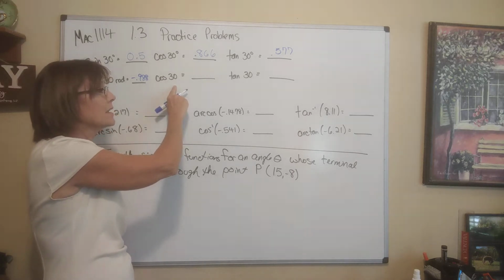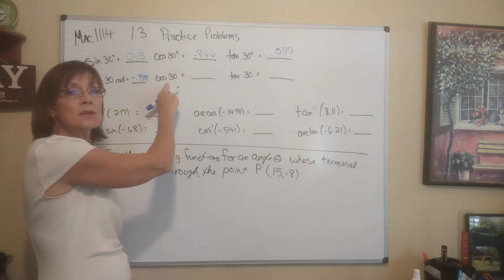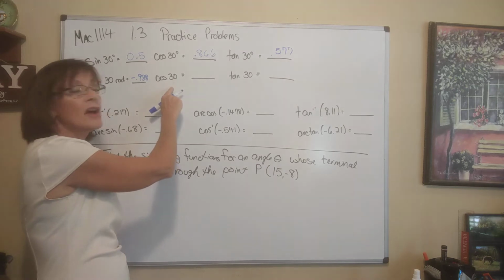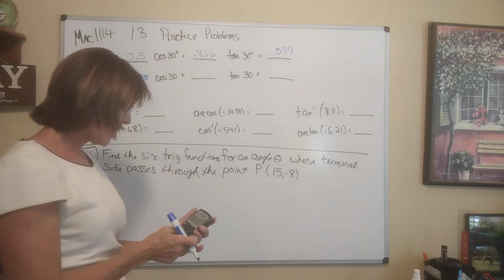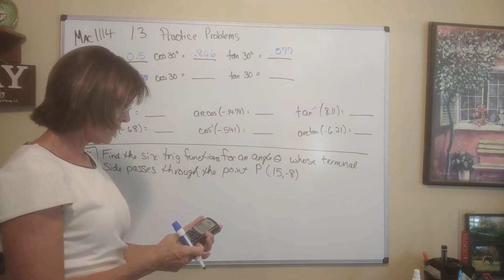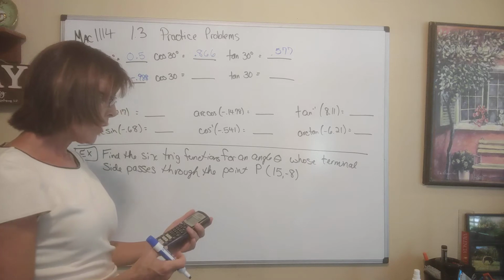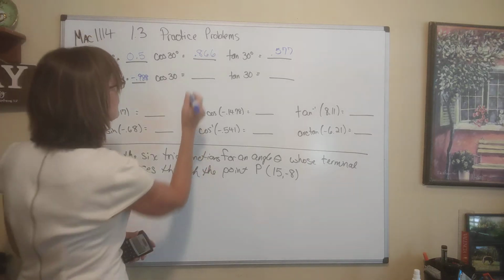When they don't write a degree symbol and they don't write radians, it is assumed to be in radians. So if they leave off the degree symbol, radians. That's how we know. So let's see. The cosine of 30 is 0.1542. I'm going to round down to 0.154.